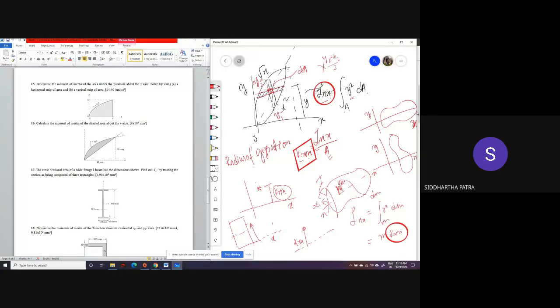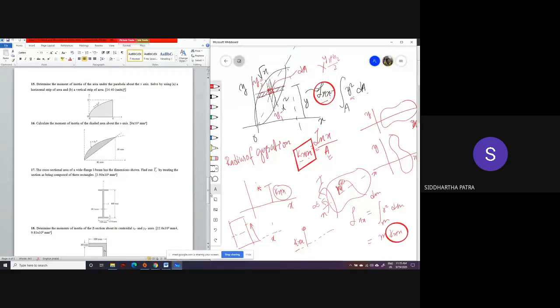If you are not comfortable integrating in that strip, and you will encounter such situations if you practice enough problems, then skip taking any type of a strip. Simply take the tinier differential area, the most absolute differential area, involving double derivative, and perform double integration.